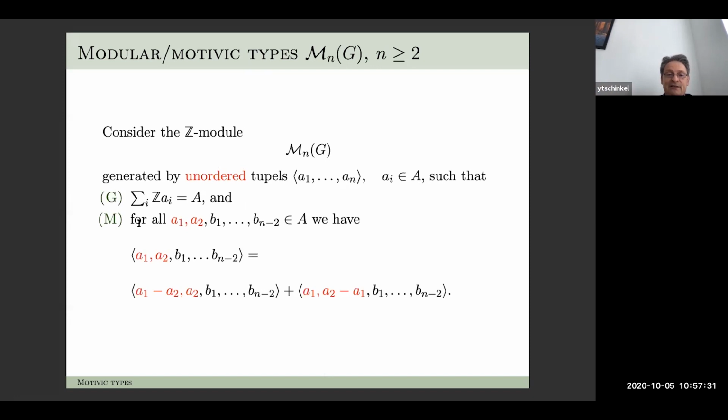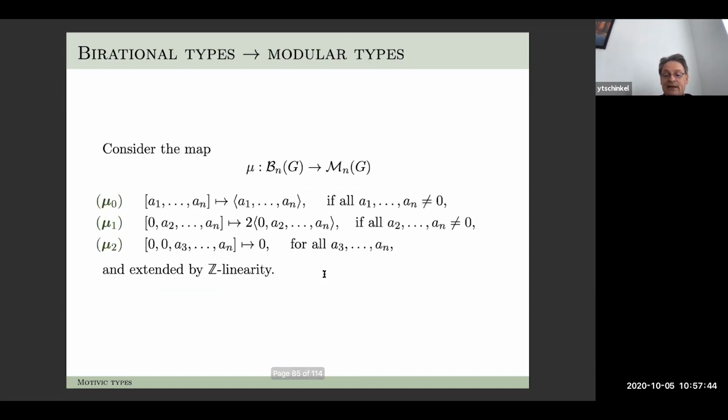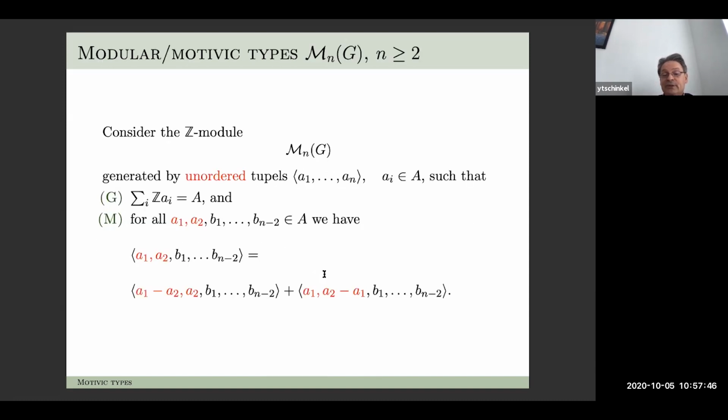And then the blow-up relation is just as before, where only the first two entries show up, and nothing else. So we saw this already for B2.